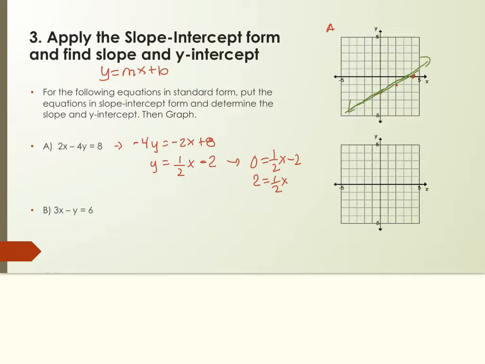Okay, so now we will do the same thing as I did before up on A. I'm going to have minus y is equal to minus 3x plus 6. Now I'm going to divide through by negative 1 or multiply through by negative 1. It doesn't make any difference. In any case, I get y is equal to 3x minus 6.